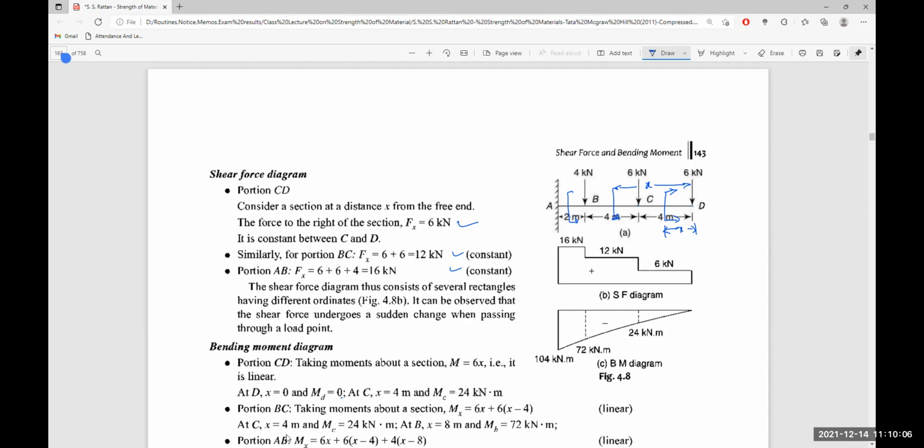At x equal to 4, that is at point C, Mx will be 24 kN-m. At point B, x will be 8 meters and Mx will be 78 kN-m.